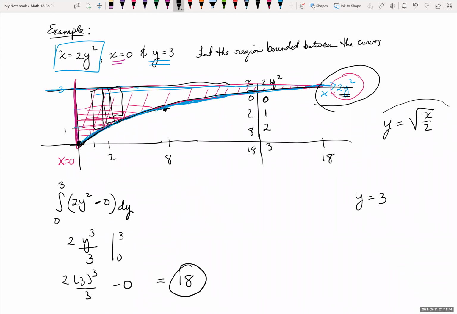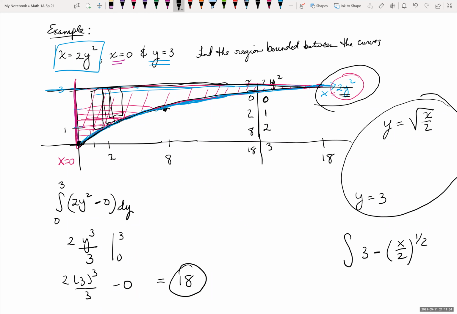My upper one is 3 minus my bottom, probably written as x over 2 to the 1/2. My bounds for x in that case would have been 0 and 18. So if you integrate that dx, you should get the same thing.